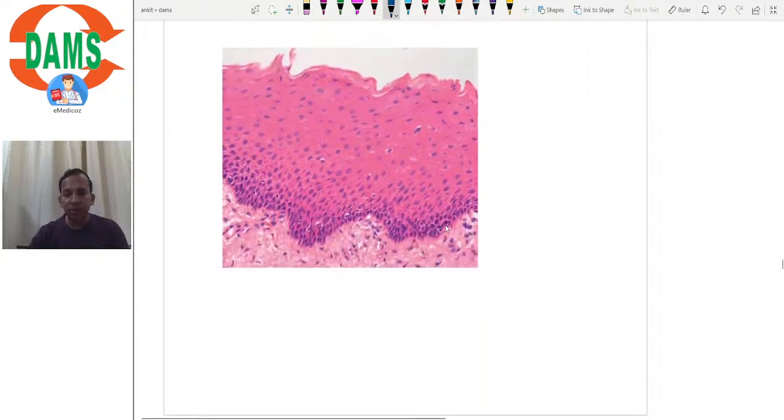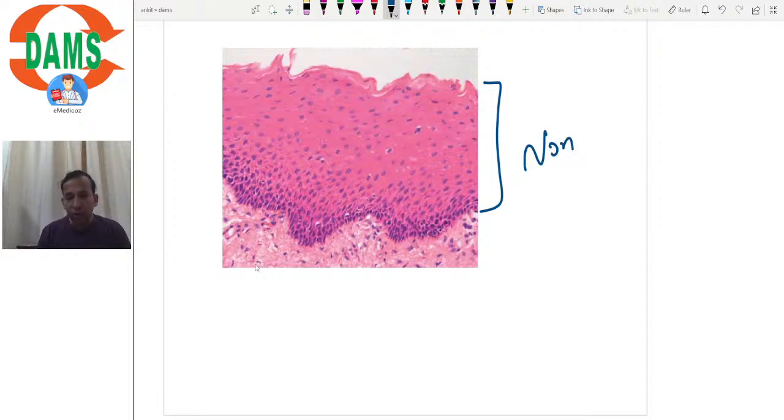In this diagram, you can appreciate the non-keratinized epithelium. You can see there is no stratum granulosum and nucleus are present even in the cells of the outermost layer. So this is the non-keratinized epithelium: presence of nucleus, absence of stratum granulosum.